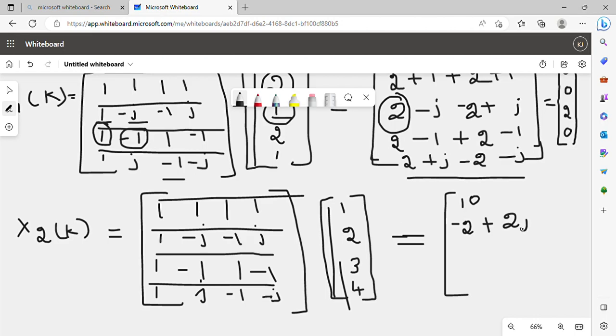This is 10, minus 2 plus 2j, and it is minus 2, and minus 2 plus 2j, right? Why I am telling you to check the older videos for all this is because if you see one problem, you can do all the other problems without fail. If you do one DFT problem, for all the other problems the matrix method procedure is the same. There are no changes, but the numerical will vary, that's all.